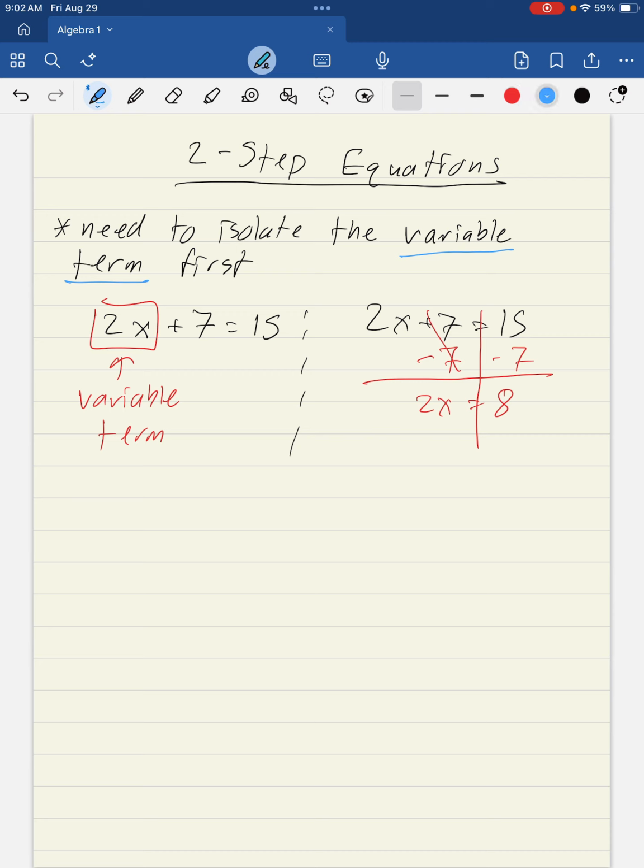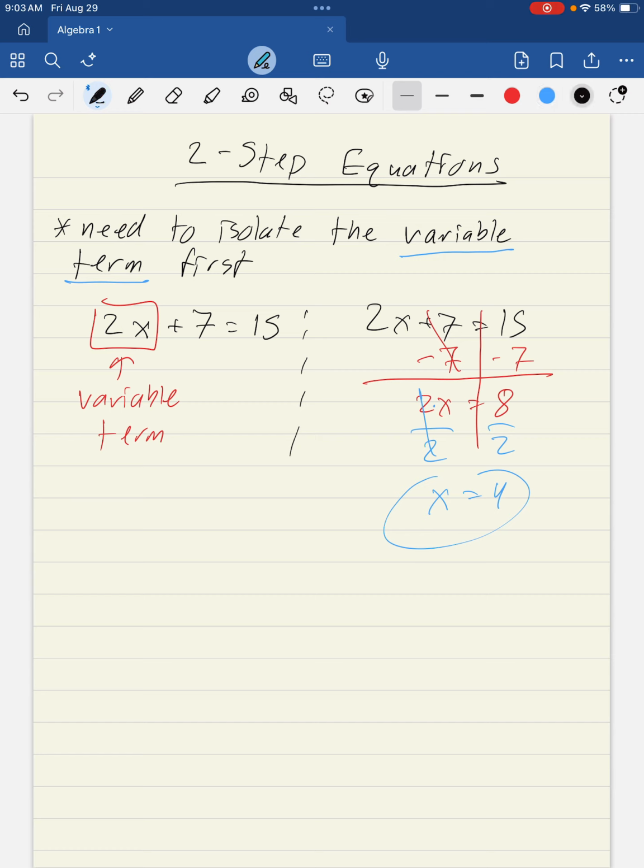And my next step, there's an invisible times right there between my 2 and my x. Opposite of times is divide. Divide both sides by 2. And we've got ourselves x equals 4. Bang. So with these guys, it's really two steps, and that's why they're called two-step equations.